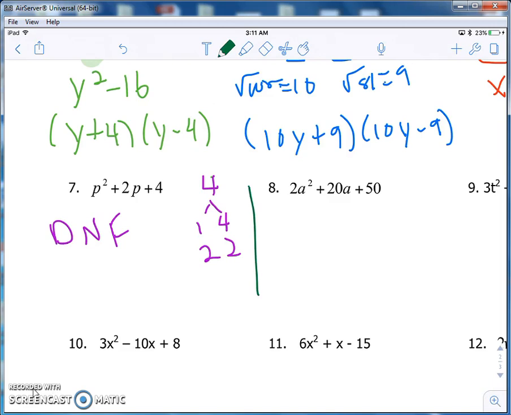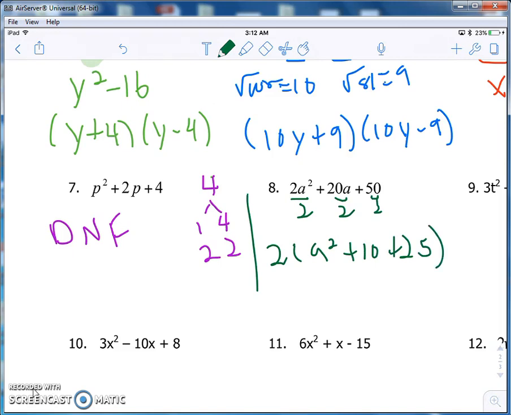Number 8. It's tempting to try our AC method and multiply the 2 and the 50, but we notice that every term is divisible by 2. So we're going to factor out a 2 first. And this gives us a smaller trinomial to work with. In fact, it gives us a perfect square.